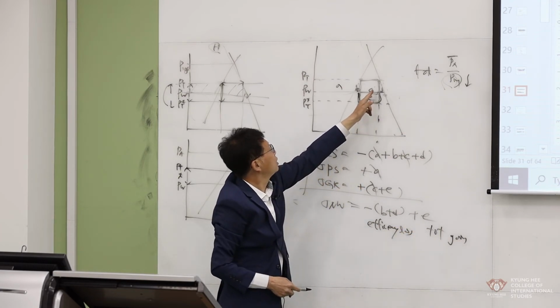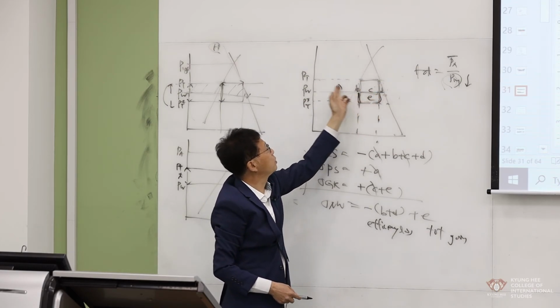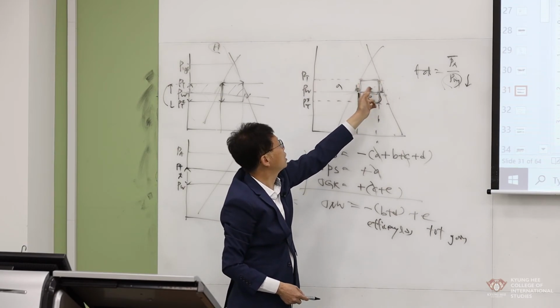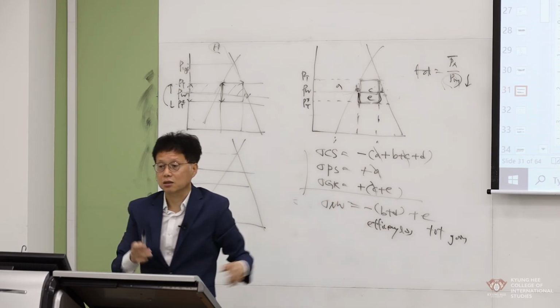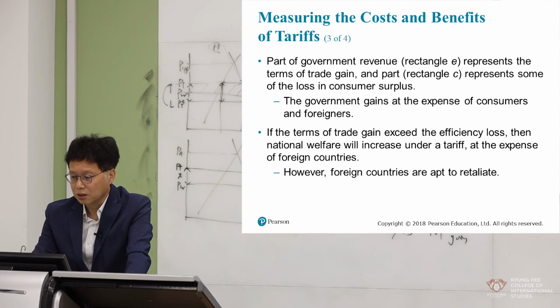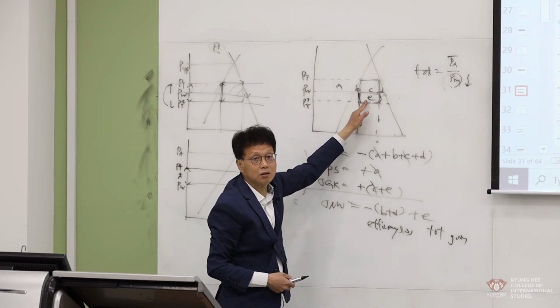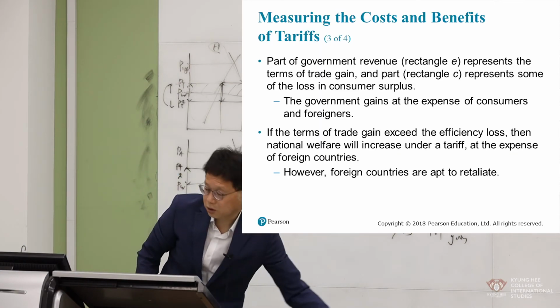And area C, before imposition of the tariff, is a component of consumer surplus. After imposition of the tariff, area C is a component of government revenue. So that is explained here. Rectangle C represents some of the loss in consumer surplus. The government gains at the expense of consumers and foreigners, right? Government revenue increases at the expense of consumers and foreigners.